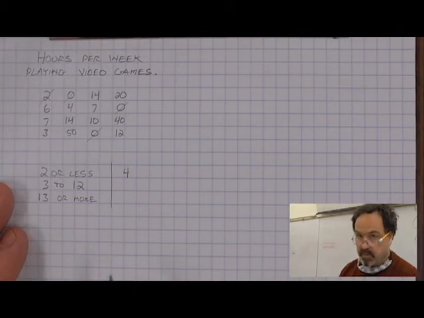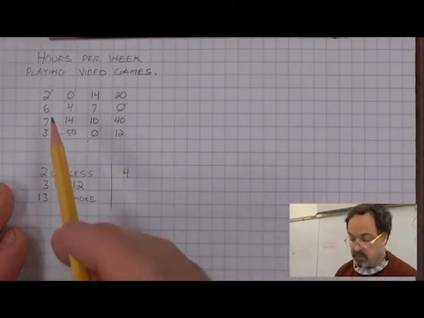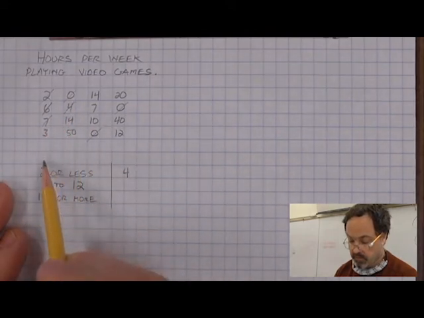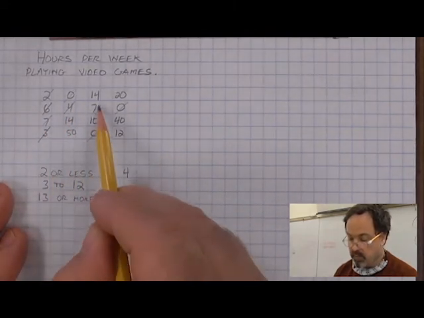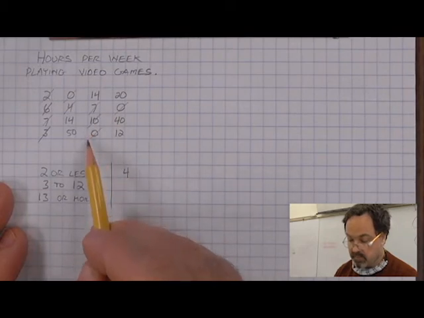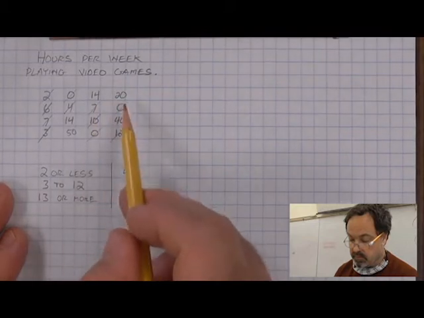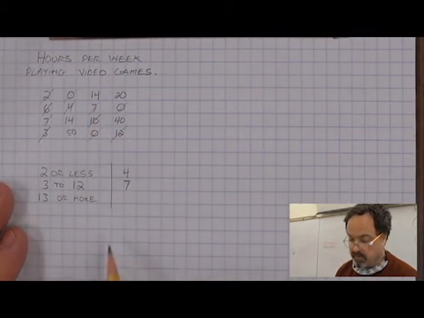How many people respond in the category of 3 to 12? Let's count them up. 1, 2, 3, 4, 5, 6, 7. Checking the ones I have left. I've counted 7 people in that category.